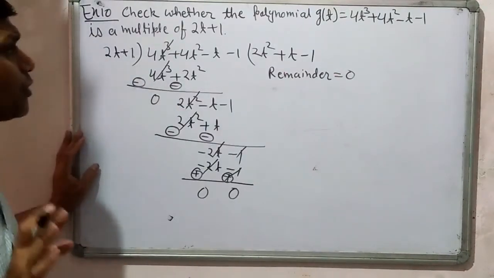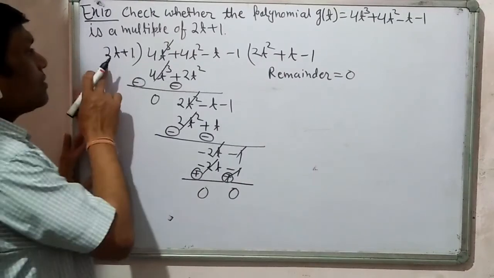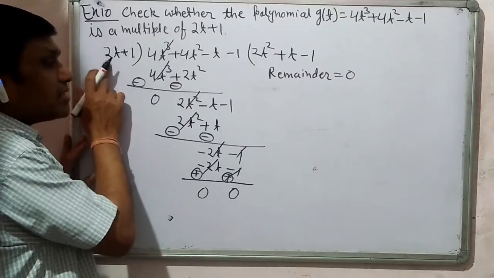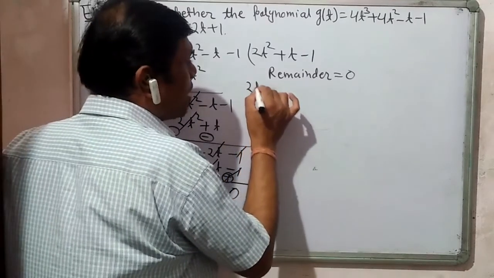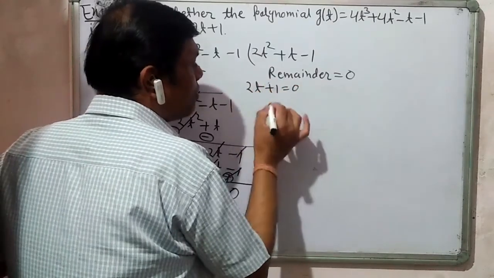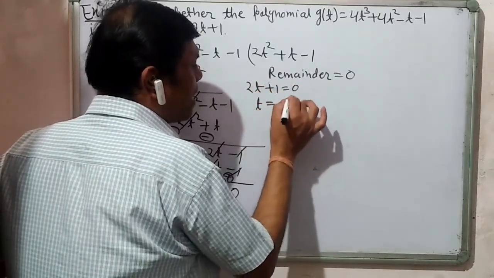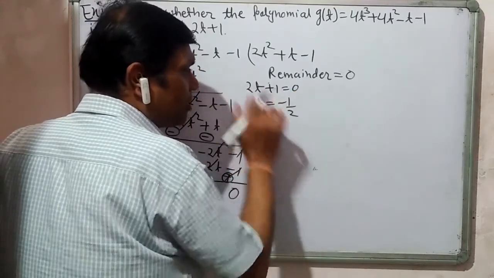Let us apply the remainder theorem. What was the remainder theorem? The remainder theorem says put the divisor as 0 and obtain its root. That means we put twice t plus 1 as 0. We obtain t as minus 1 by 2.